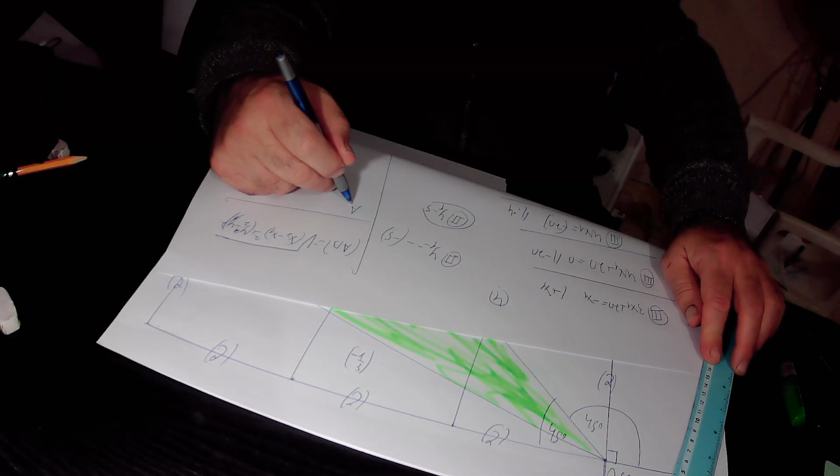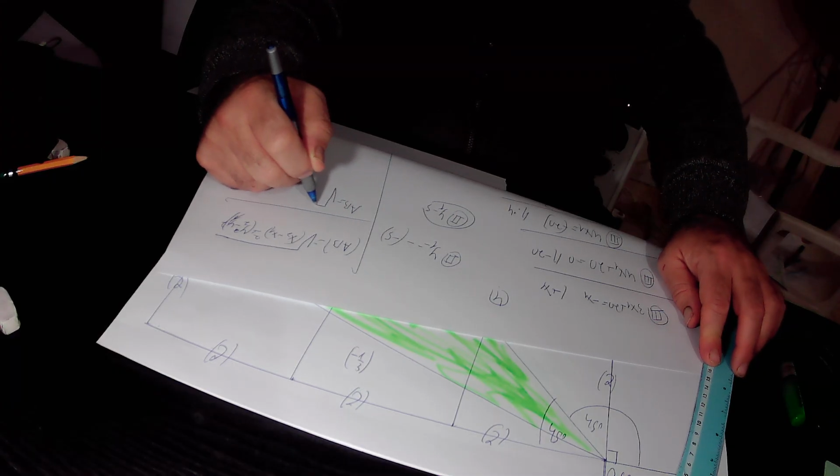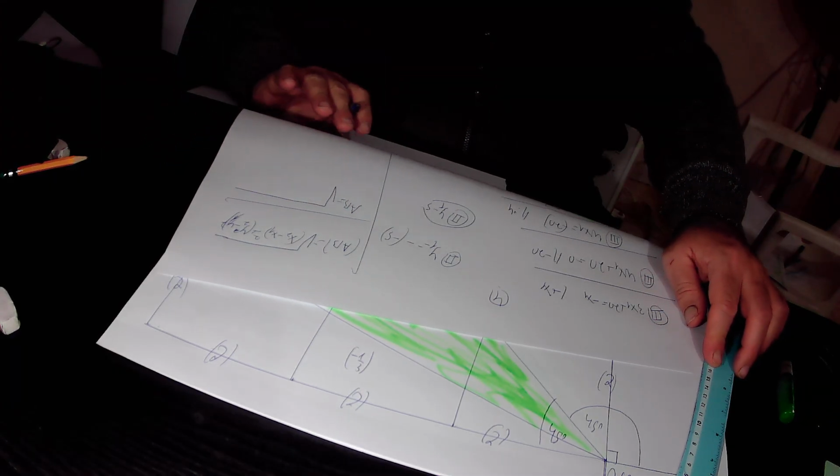So AB equals the square root of x2 minus x1 squared.